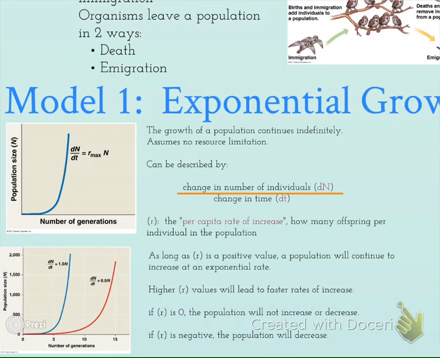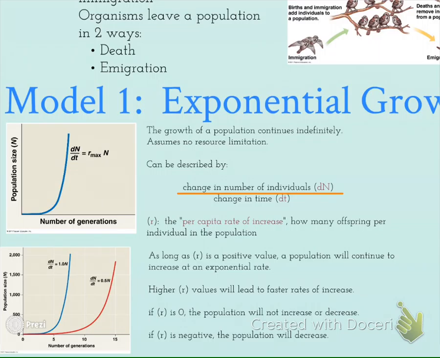You can see the formula on the left, the J-curve graph, the blue one, it says rmax N. r is the per capita rate of increase, or how many offspring per individual in the population. If you want your population to grow, and you have two individuals who are going to mate, how many children must they have in order for the population to grow?